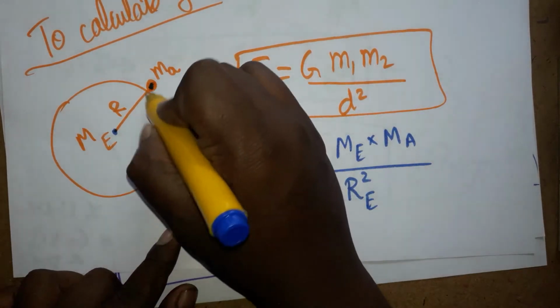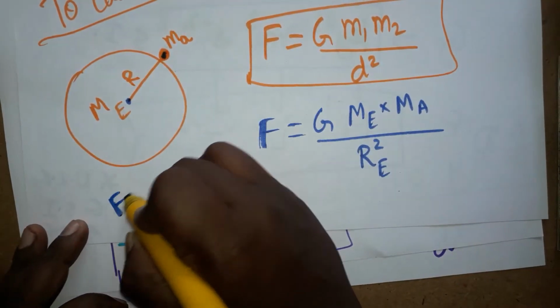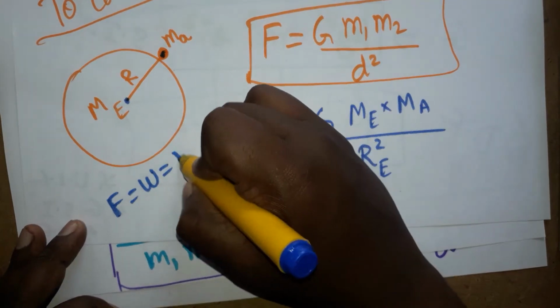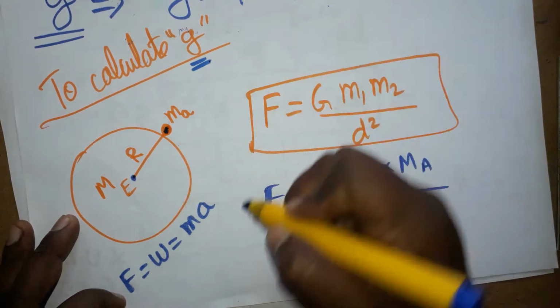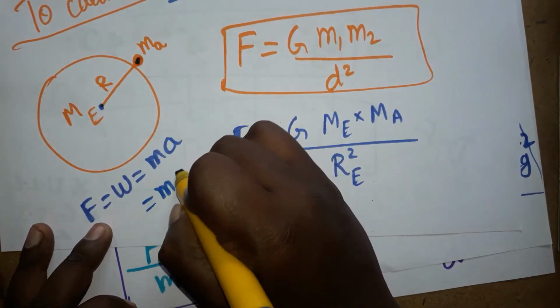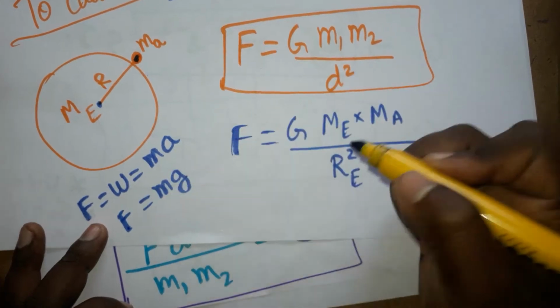Now the apple on the surface has weight. So force is equal to weight, and weight is equal to m a. Here a is the acceleration due to gravity, small g. So m times g is equal to F, otherwise weight is equal to mg.